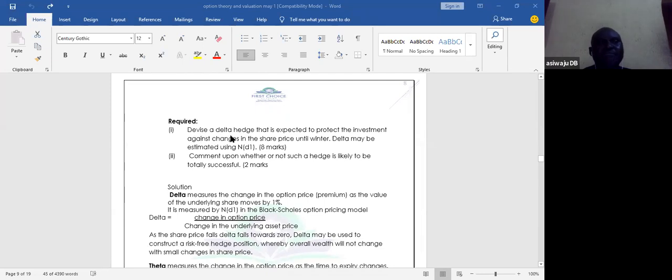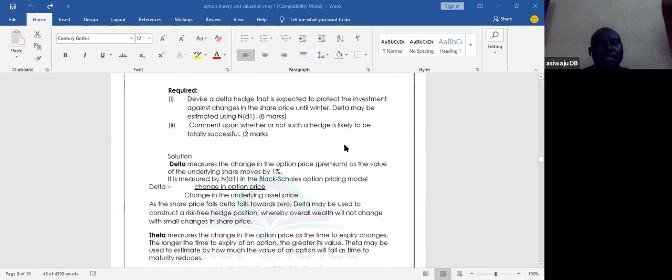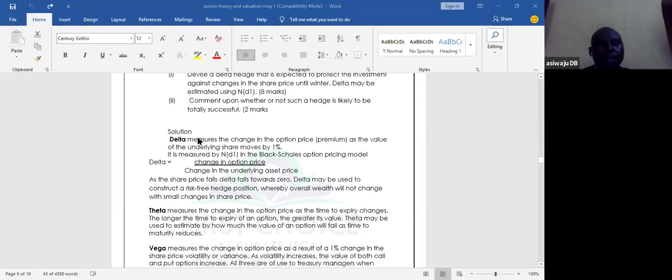The examiner says, devise a delta hedge that is expected to protect the investment against change in share price until winter. Delta may be estimated using N(d1). Now come here, I try to explain delta. Delta measures the change in option price as the value of the underlying share changes by 1%.